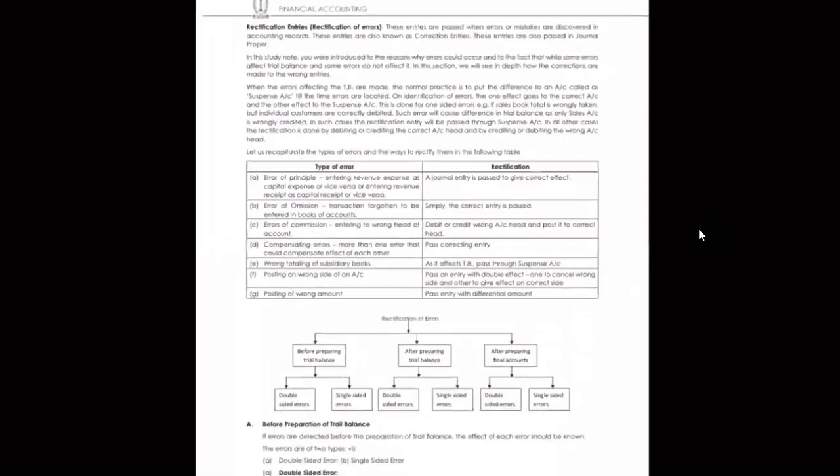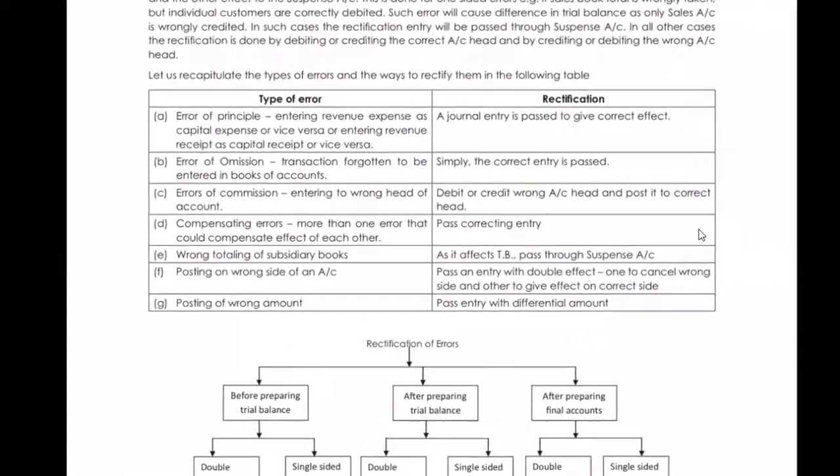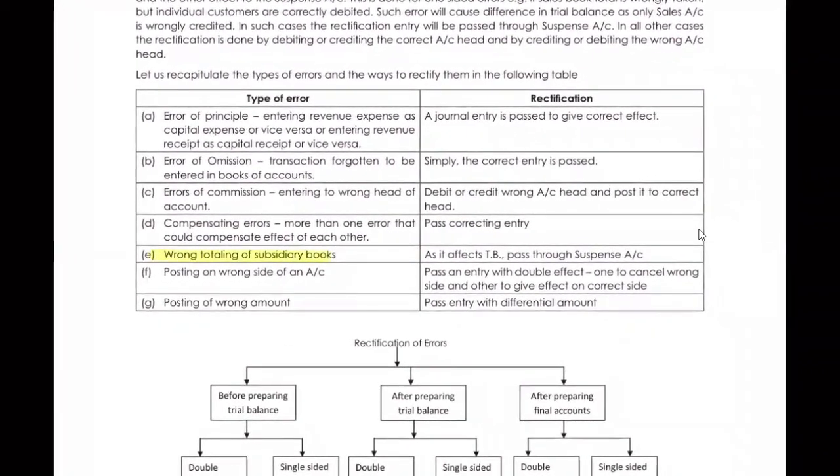The types of errors they have given, but remember that wrong totaling, wrong account and wrong amount are parts of errors of commission. They have given it separately, but it is.